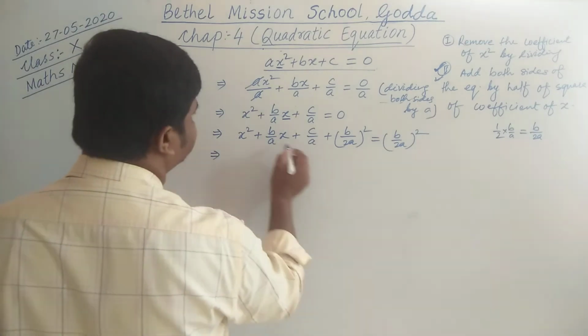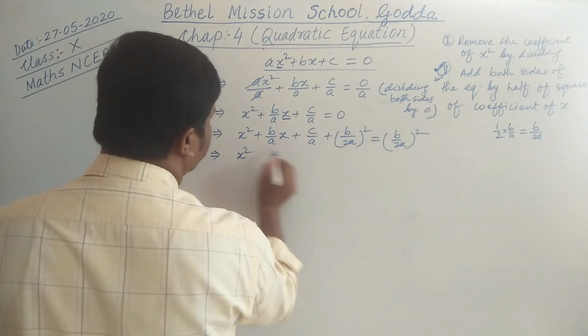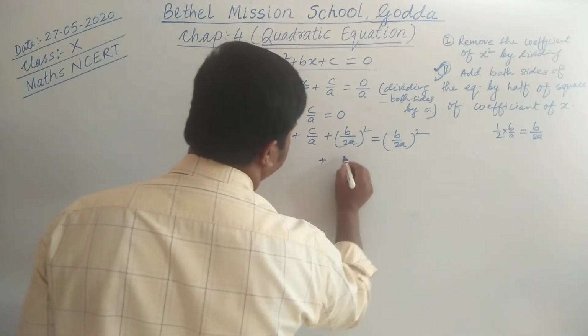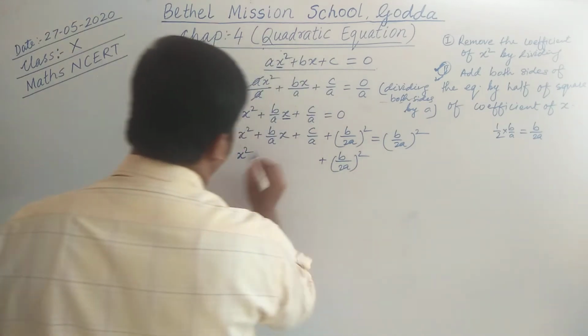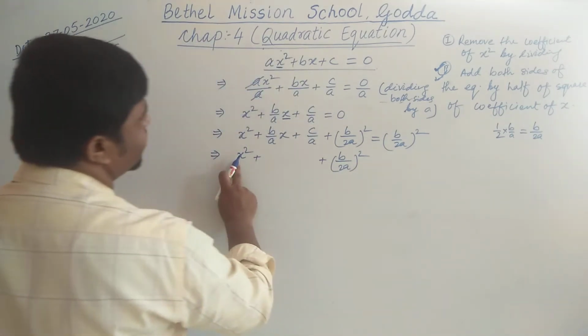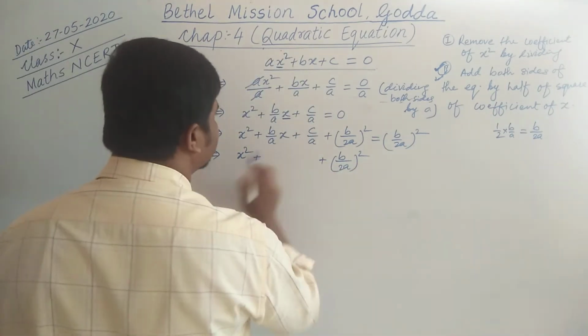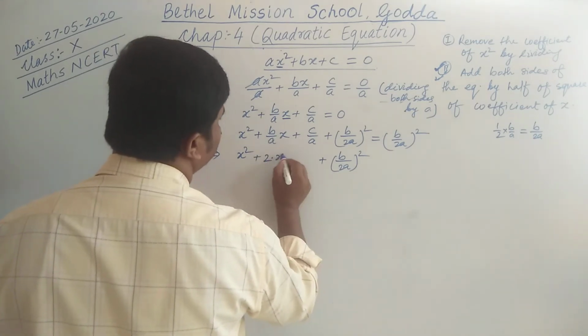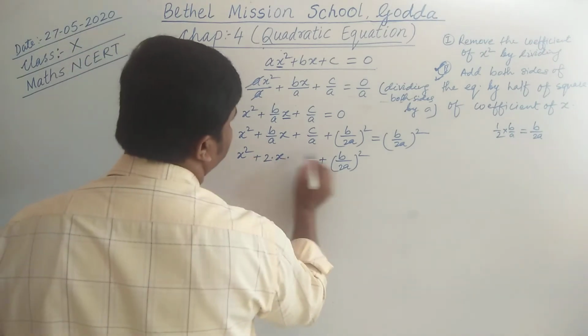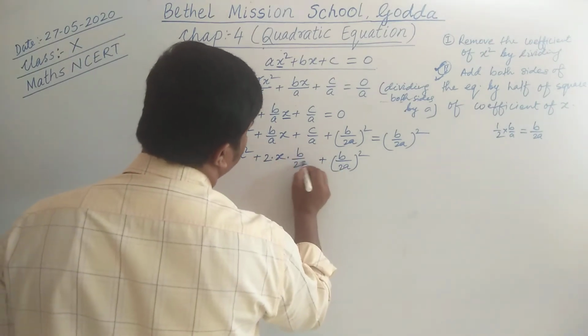Then what will be? X square, and this is plus b by 2a whole square, and in the middle we will write, suppose this is a and this is b, a square and b square is there, so in the middle I want to put a plus sign, 2 into a. In place of a there is x, and in place of b there is b by 2a.